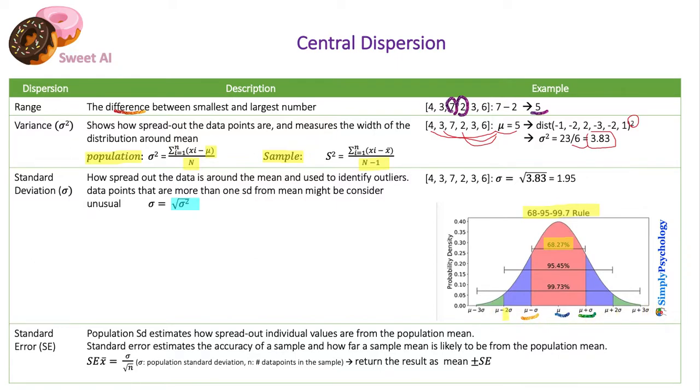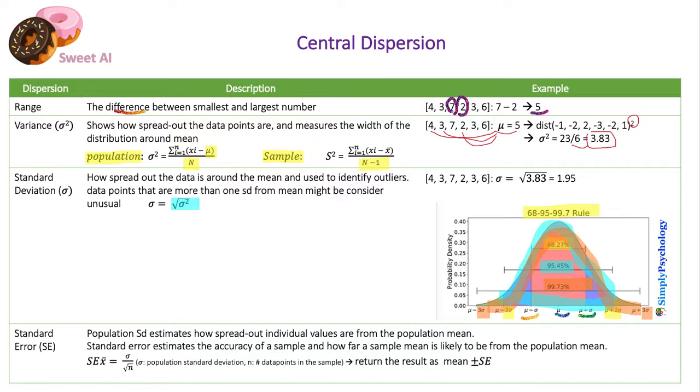If we go two standard deviations from the mean, this is the area that we get, the whole thing from here to here, which is equal to 95.45%. And if we go 3 standard deviations from the mean, it is this area under the curve, and is equal to 99.73%.